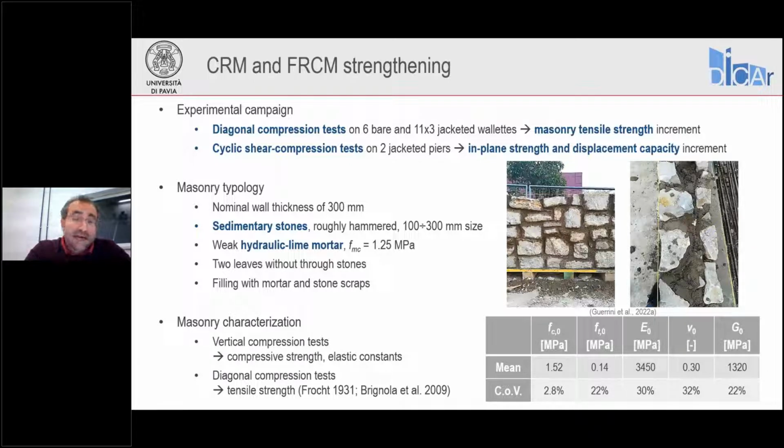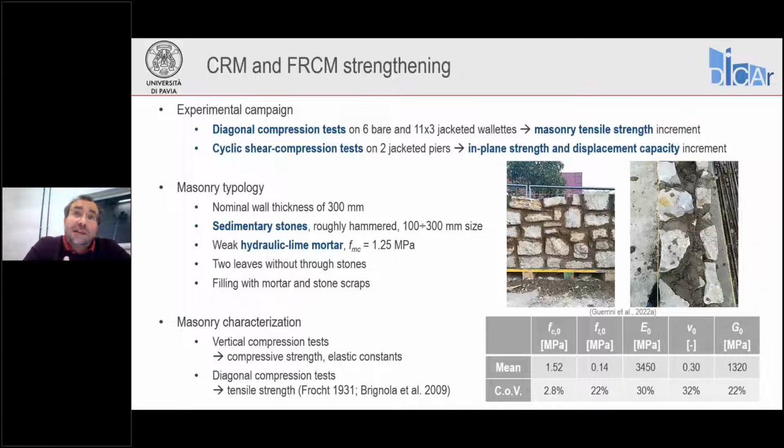Then we characterized our masonry material using vertical compression tests and diagonal compression tests in order to find out, first of all, the strength and the elastic constants for the bare material, as listed here in this table.